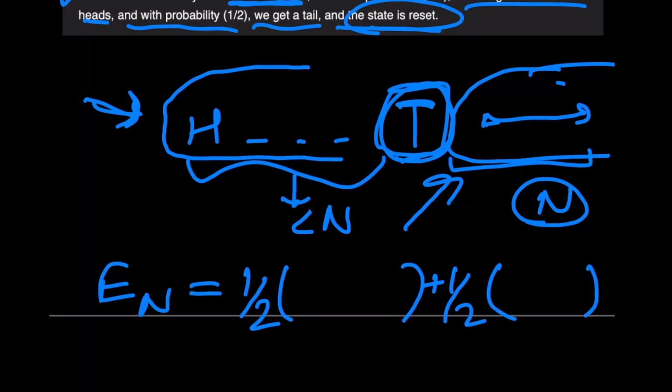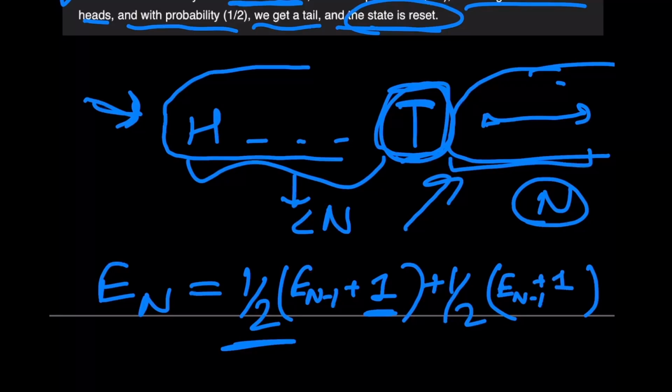In the first case, we had E of n minus 1, which was the expected number of tosses we would need to get n minus 1 consecutive heads. Then we got a head. So this 1 by 2 denotes the case where we get a head, and I'm just adding one more coin toss because we need the next head. In the other case, we initially had E of n minus 1, the expected number of tosses to get n minus 1 consecutive heads.